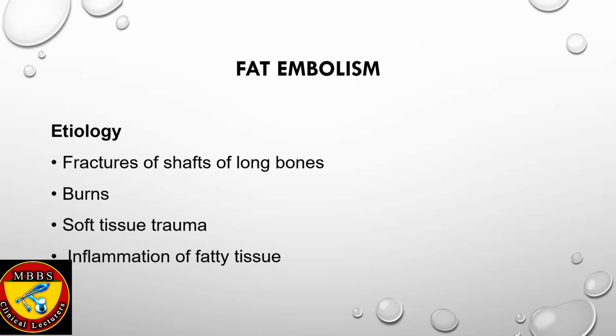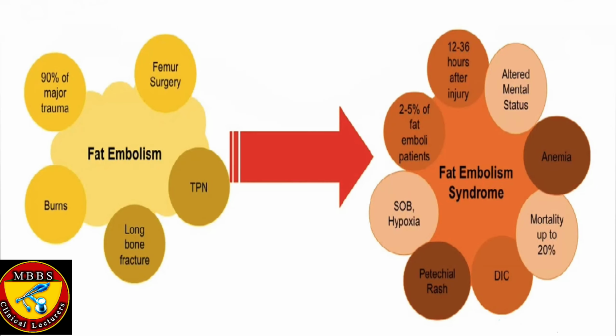Majority of them do not have clinical consequences, but a minority of patients become symptomatic, and these symptomatic patients are termed fat embolism syndrome. You can see that 90% of major trauma, femur surgery, burns, long bone fractures, or total parenteral nutrition with lipids can cause fat embolism.